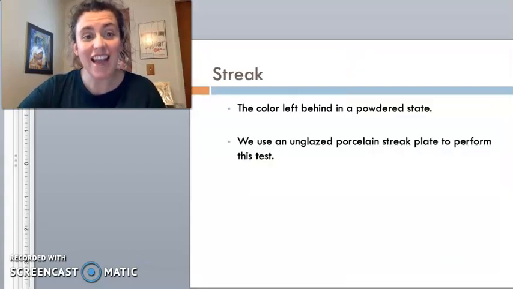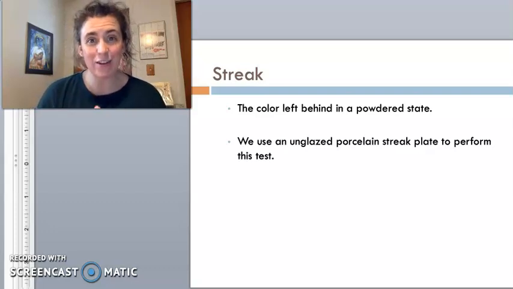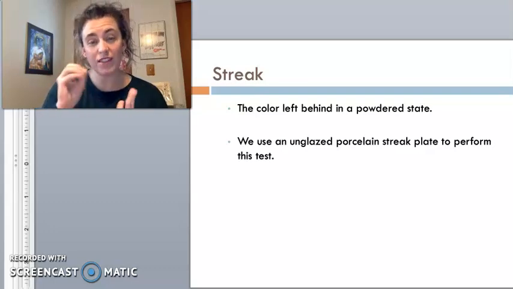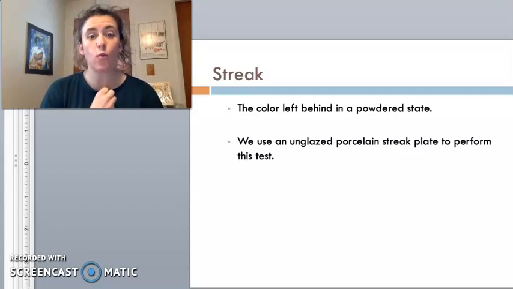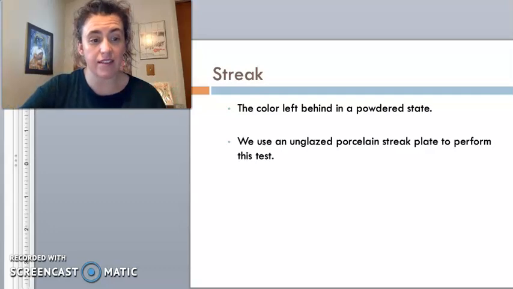All right, next test. So the next one is a streak. This is really, really important because this is actually the actual color of the mineral. So this is the color left behind when you put that mineral in its powdered state. So what color is the mineral in its powdered state? So basically what we do is we take a piece of unglazed porcelain streak plate to perform the test.